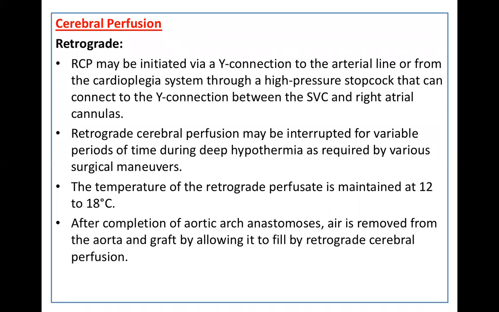And that is quite a quick procedure, so you don't need to use any cerebral perfusion for this short procedure. However, if you need to address the neck vessels, it's a prolonged procedure, as I mentioned, and you need to be able to perfuse the brain, even if you have cooled down the patient to 18 degrees.